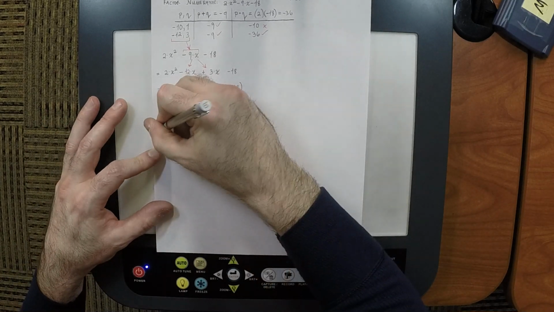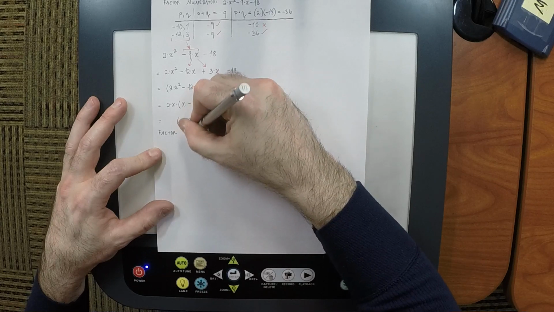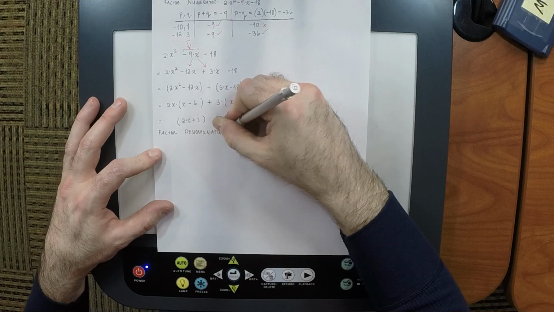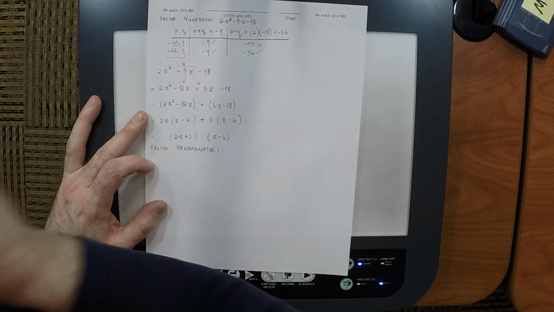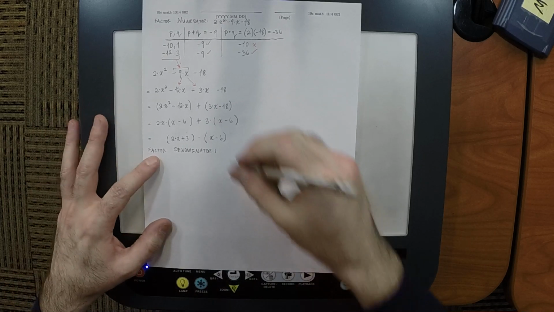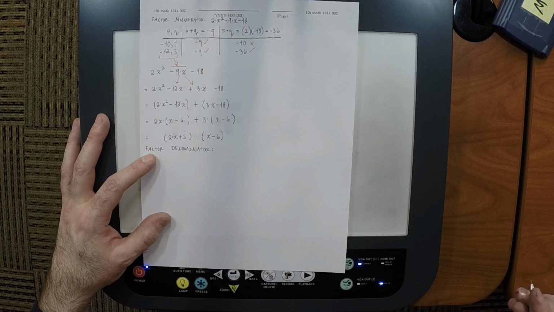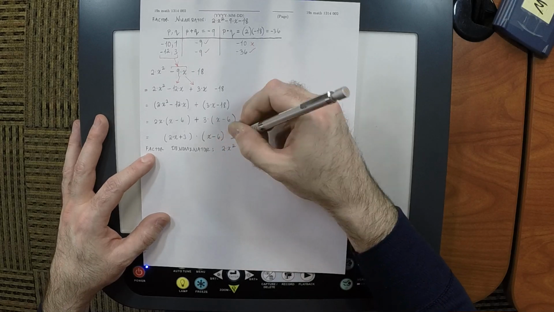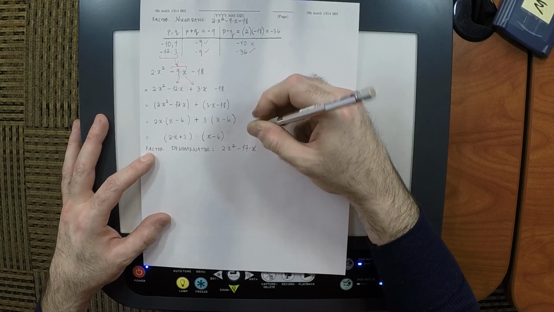Now we need to factor the denominator. Okay, so now I'm going to make an error on purpose. So don't call it out if you see it immediately. Okay, so I'm going to factor the denominator, and it is 2x squared minus 17x plus 3.